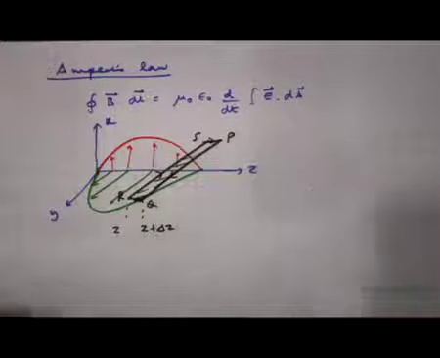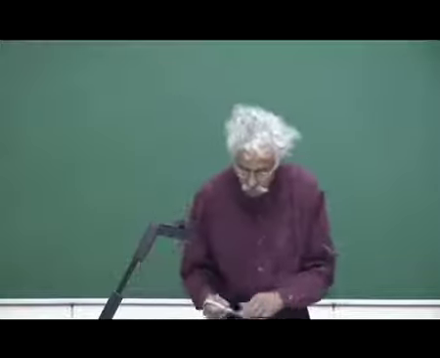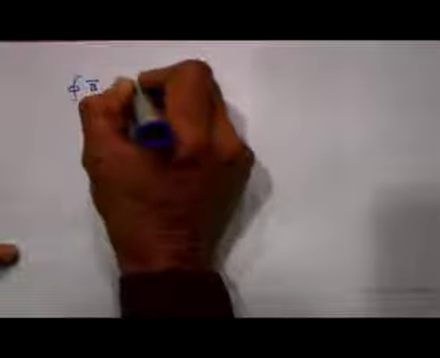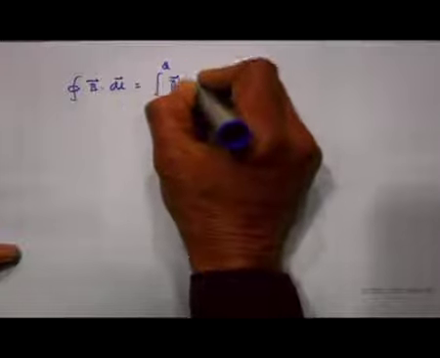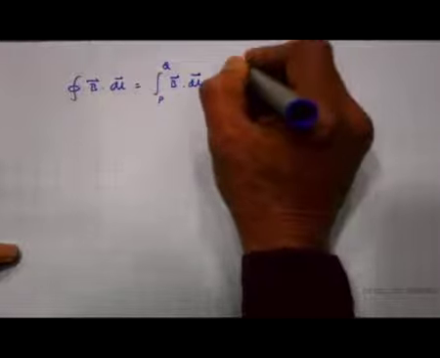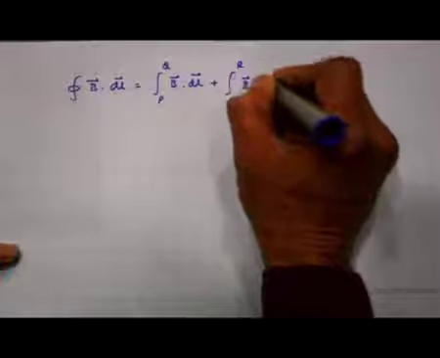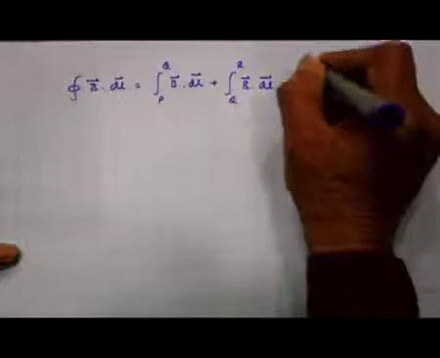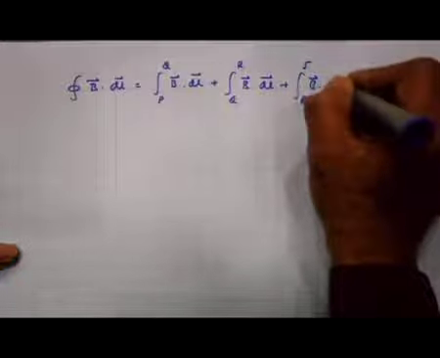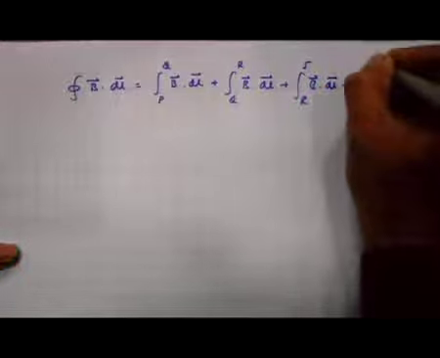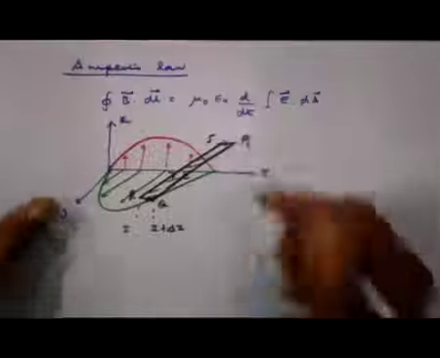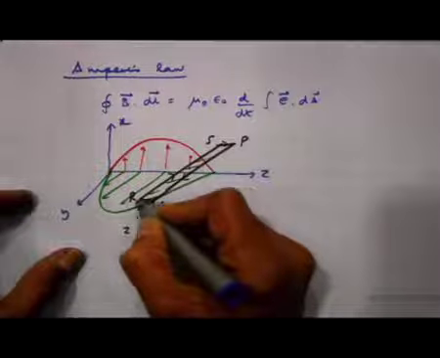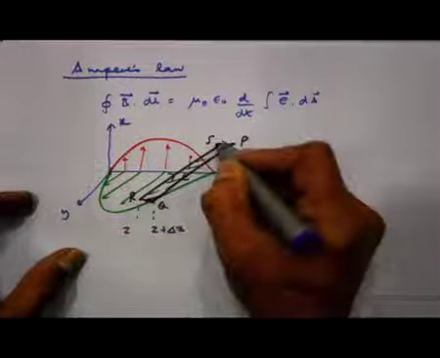So, let me start calculating integral B dot dl. Integral B dot dl is again P to Q B dot dl, plus Q to R B dot dl, plus R to S B dot dl, plus S to P B dot dl.